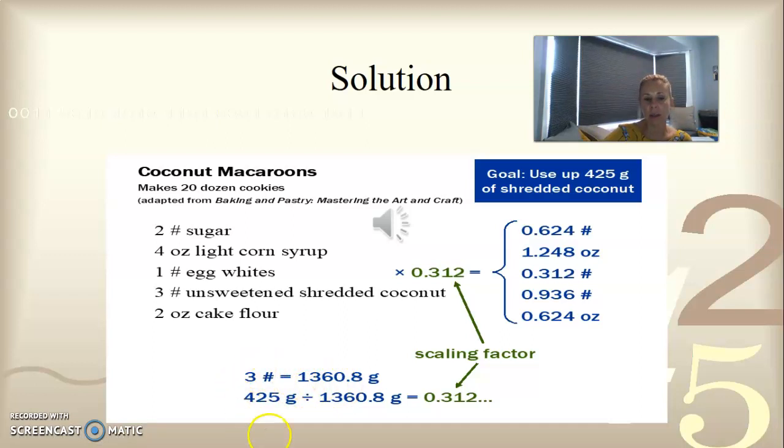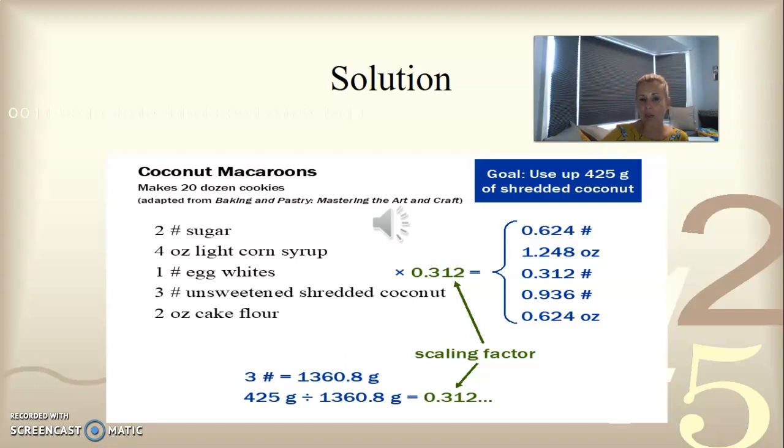And when they convert or do a bridge from 3 pounds to grams, they're probably using the steps pounds to ounces, ounces to grams, and then they come up with the amount of grams that 3 pounds is. And when they did that, they calculated that 3 pounds is also 1,360.8 grams.